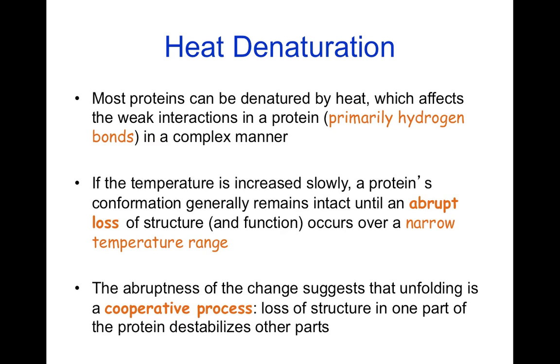The abruptness of the change suggests that unfolding is a cooperative process, meaning that the protein is able to withstand the increase in heat as it gradually increases, but it will reach a point where, as soon as one part of the protein gets destabilized, the whole protein quickly becomes destabilized as well. So as soon as you pass that threshold, boom, as one part starts to crumble, all the rest will start to unfold as well.